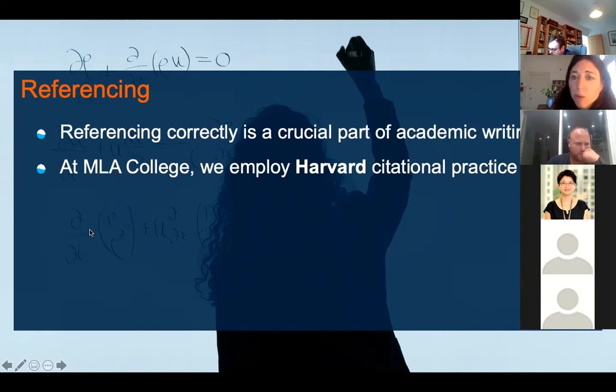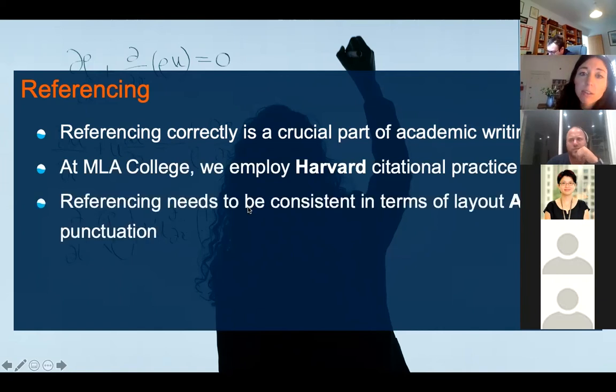At MLA College, we employ Harvard citation and practice. It needs to be consistent in terms of layout and punctuation. Often I see references are generally laid out well, but then extra commas are put in or brackets are used wrong, and it actually does make a difference. So I'm going to briefly mention that here.